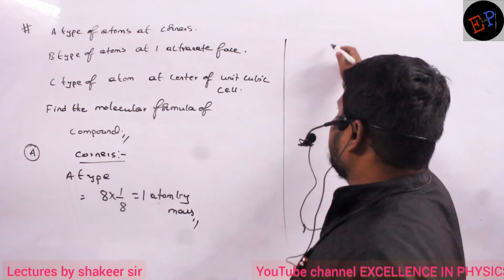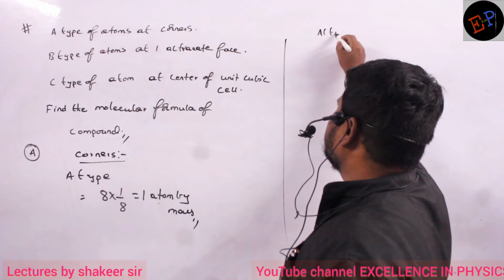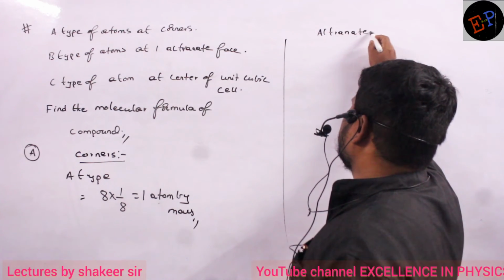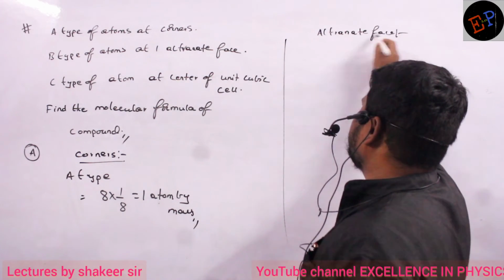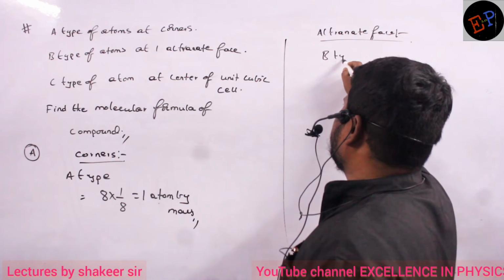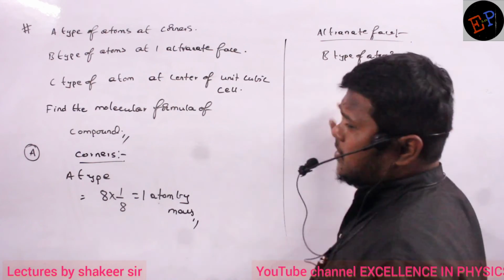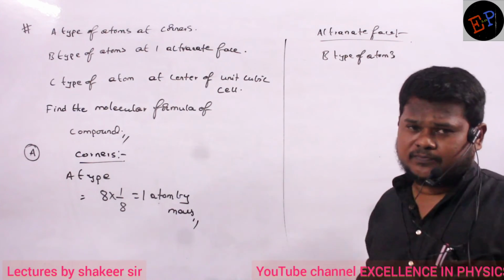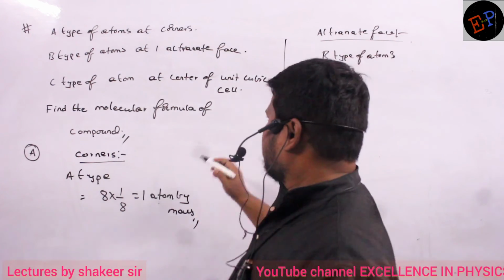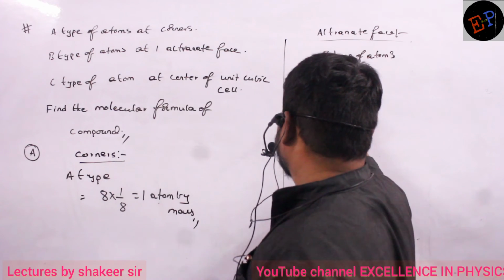Clear, ma? Next, at alternate face, which type of atoms are present? B type of atoms are present. Alternate face means only 2 atoms. Are you able to understand, ma? So for example, see ma, here I am drawing the diagram.